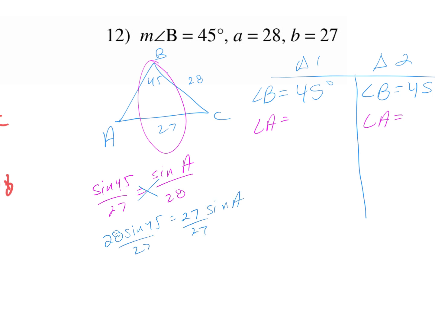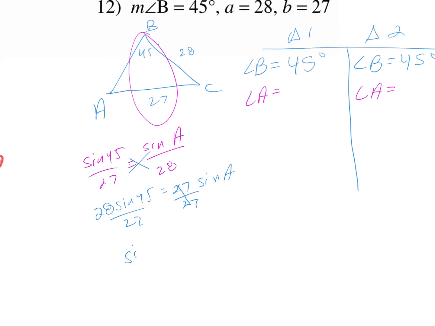Divide by 27. Sine A equals 28 times the sine of 45 divided by 27. What do you guys get? 0.73329. So second sine, second answer, and I get 47 degrees.